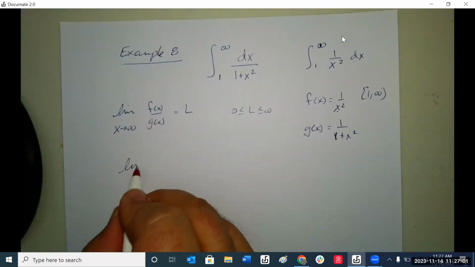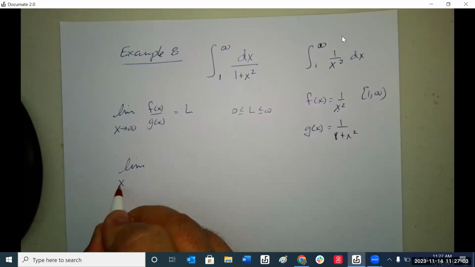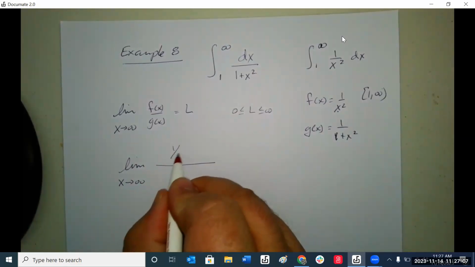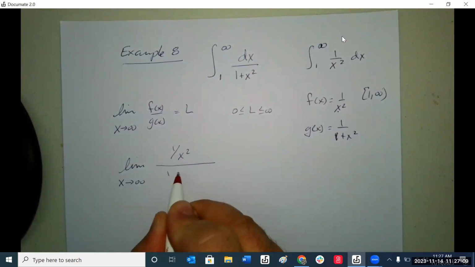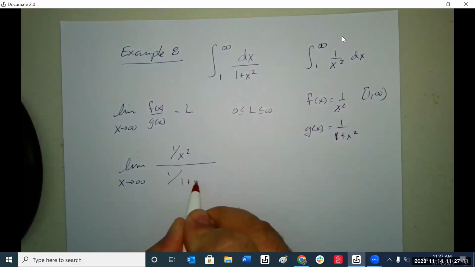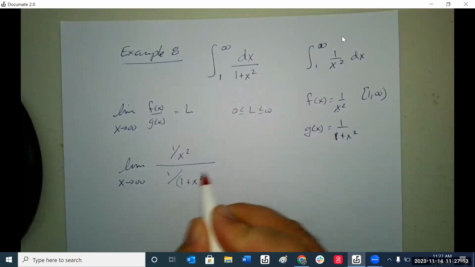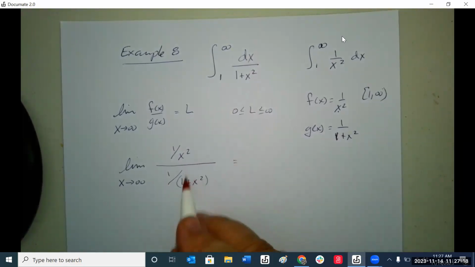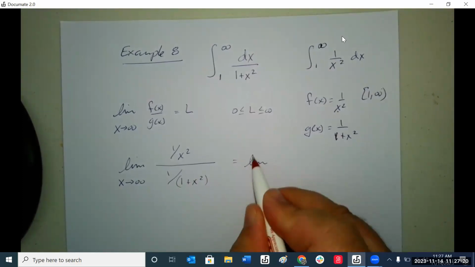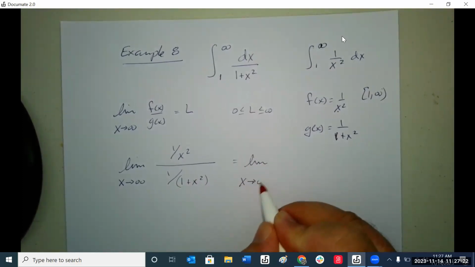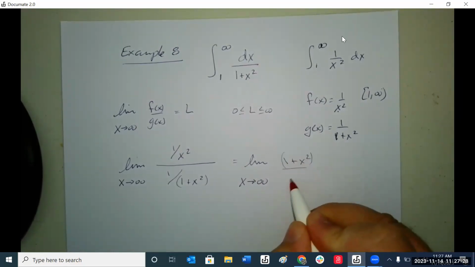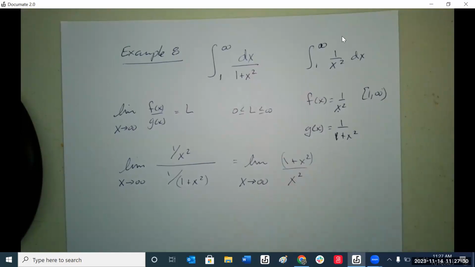We have the limit as x approaches infinity of 1 over x squared, 1 over 1 plus x squared, plus x squared over x squared.